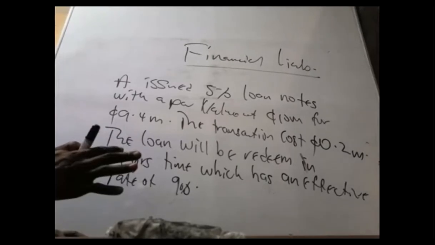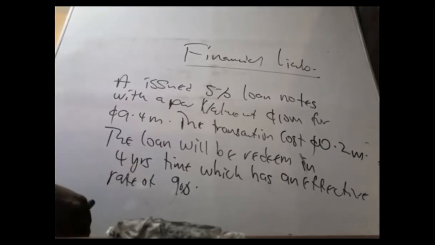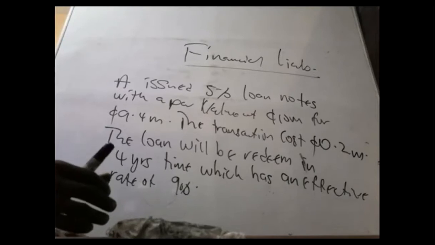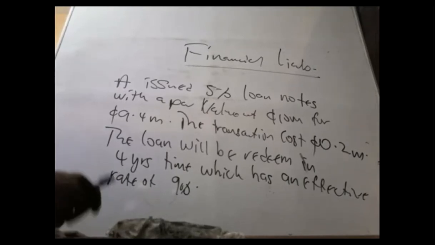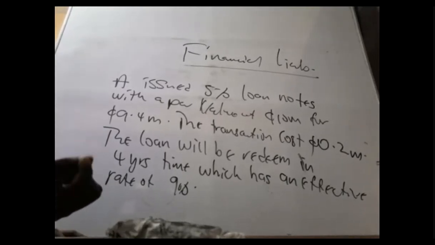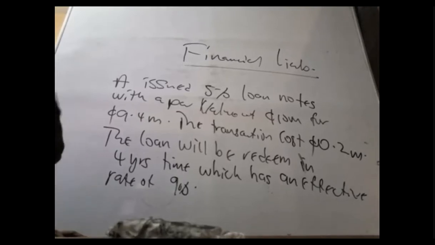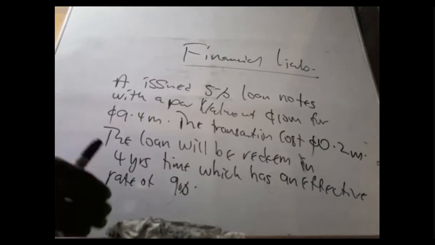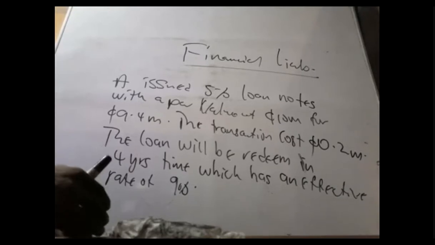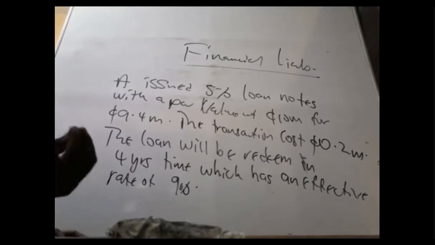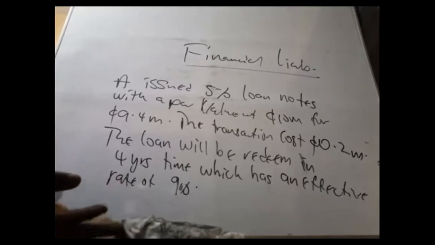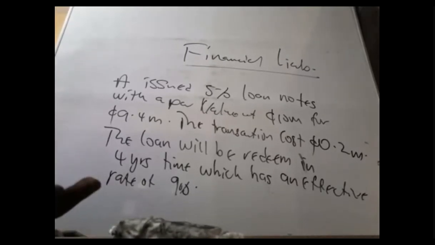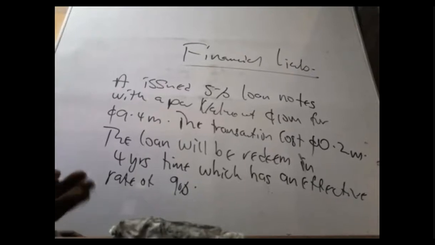So I'll give a formula for calculating the proceeds. Only 3 steps. Number 1, bring the par value, subtract the discount, subtract the transaction cost. That is all. So par value, less discount, and less transaction cost. Discount means the money was discounted, so you end up receiving little. Number 2, transaction cost.